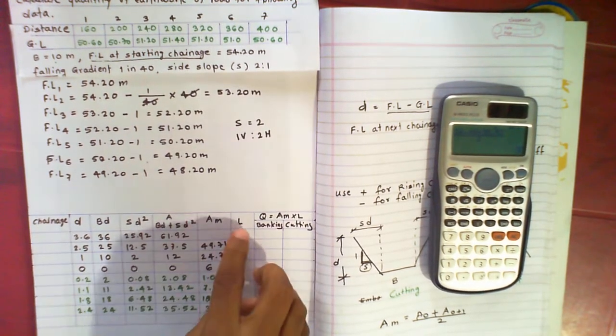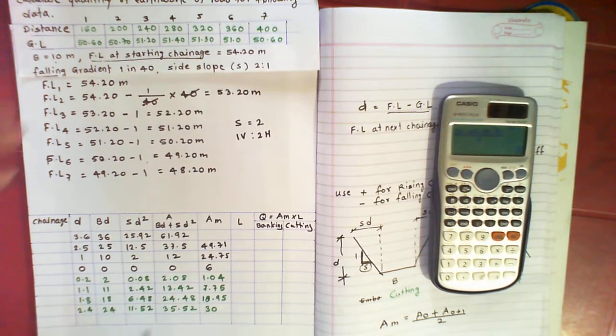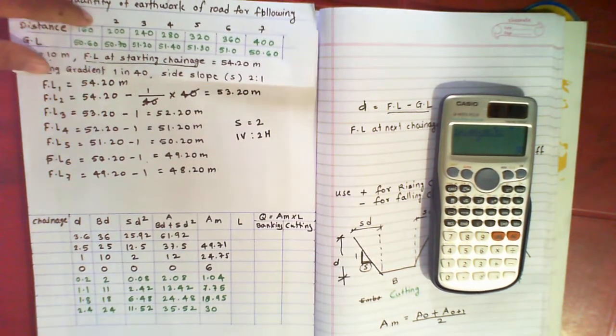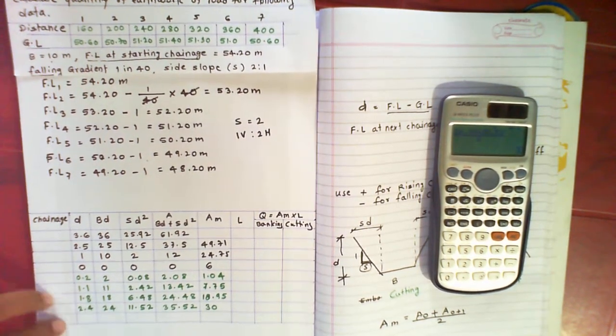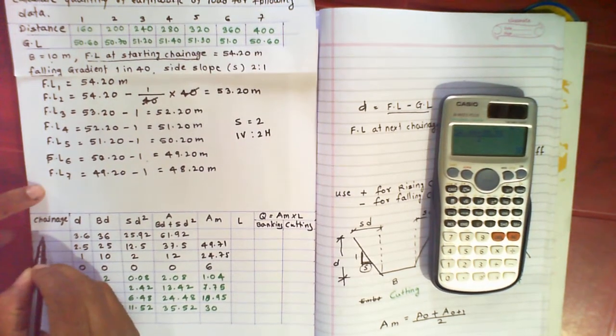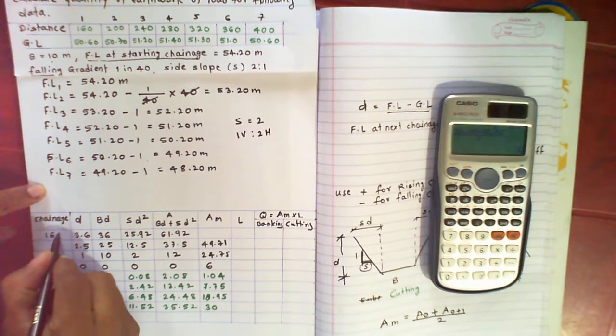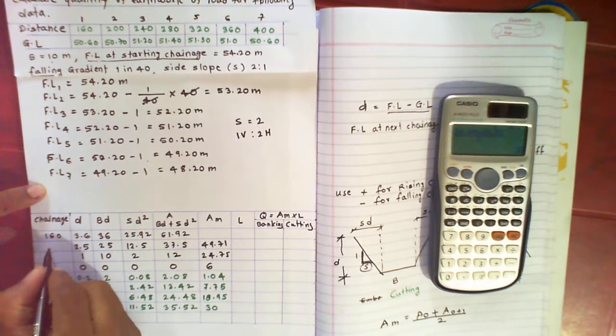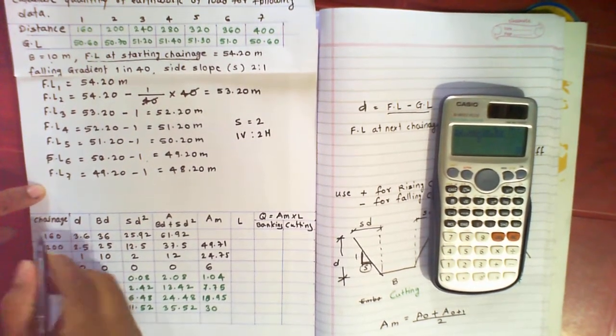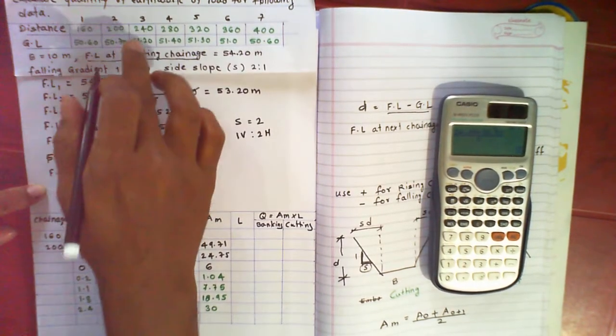Now we have to calculate length. So to calculate length, length means chainage differences. So now putting the values of chainages. So first chainage, it is 160. Next is 200. Next is 240.